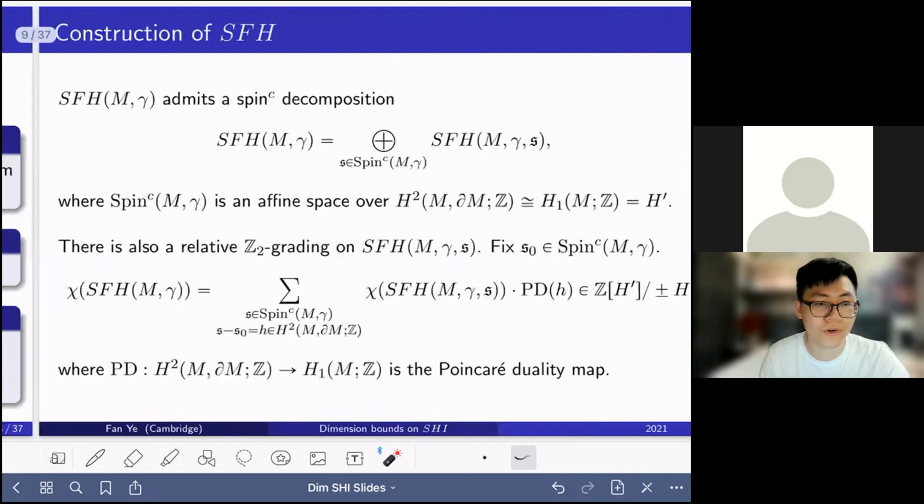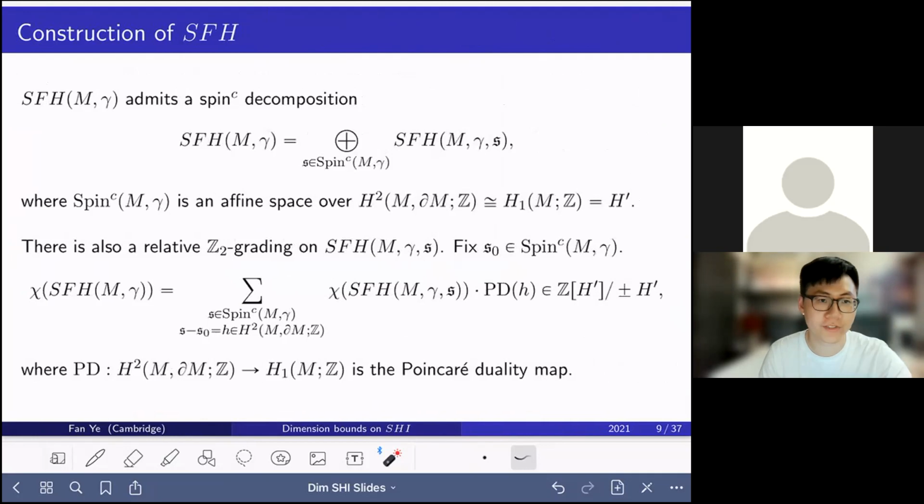Moreover, the sutured Floer homology admits a Spin^c decomposition. Roughly speaking, the Spin^c decomposition is a decomposition over H^2(M, boundary), or by Poincaré duality, it is just H_1(M). Now we denote it by H'.